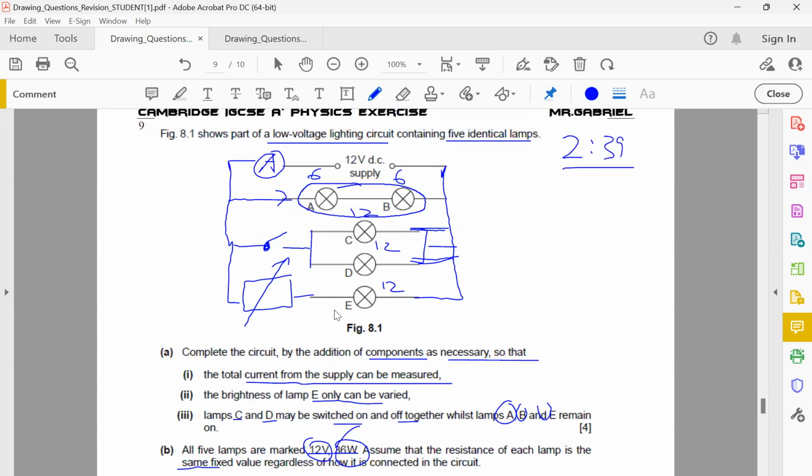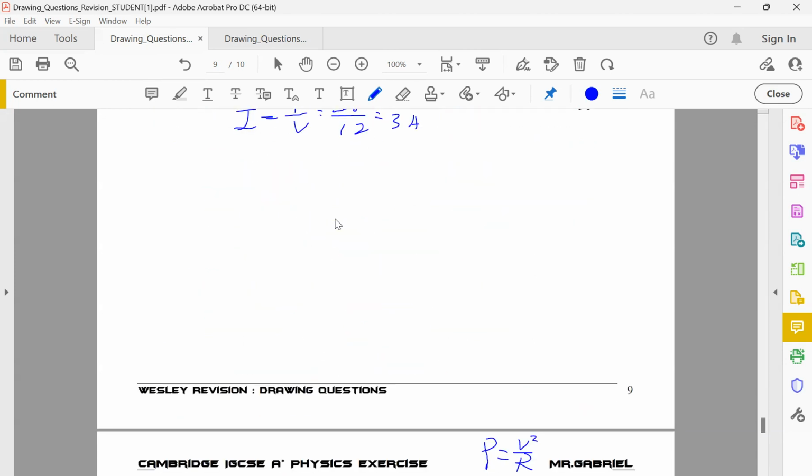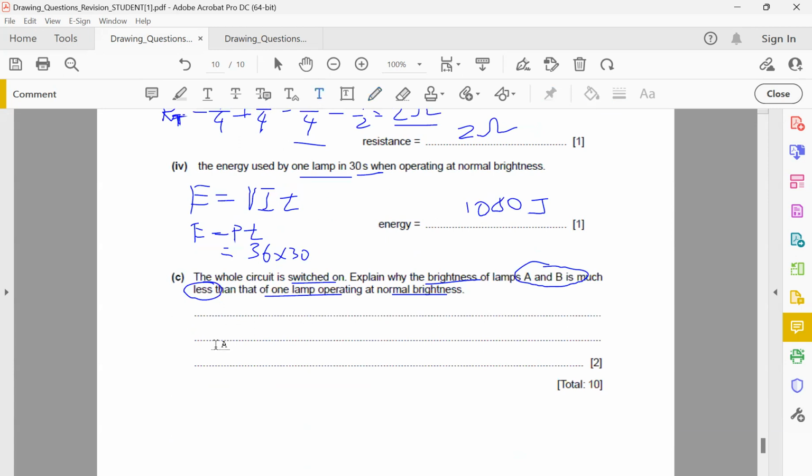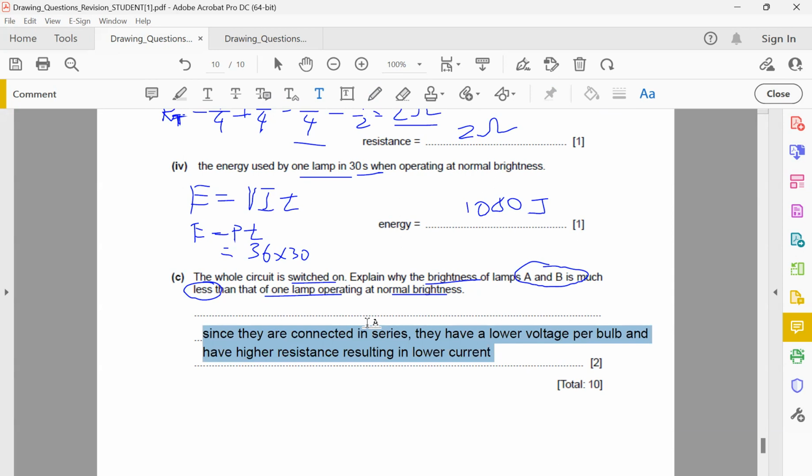You can either say that they have less current flowing through it, or less voltage across it, which I assume we have to write both. Since they are connected in series, they have a lower voltage per lamp and have higher resistance. Something along these lines. Yeah, because in both scenarios, both of them are lower.